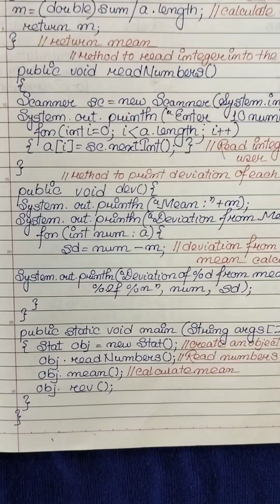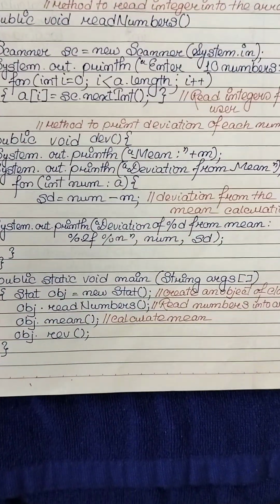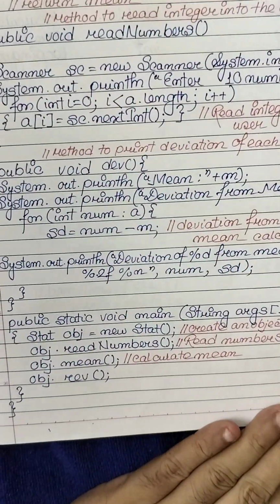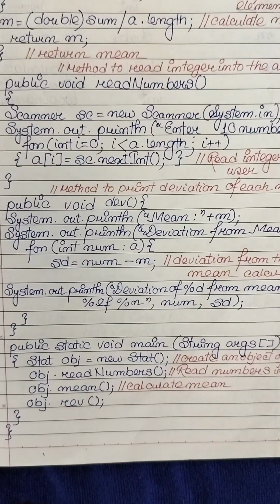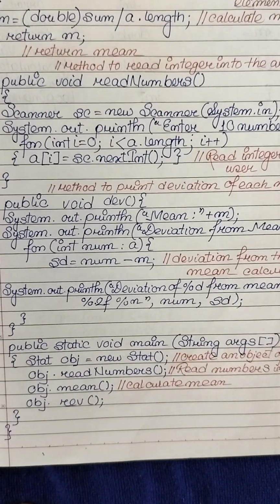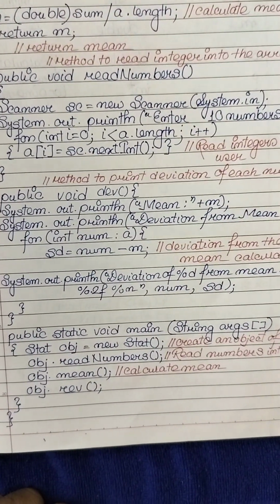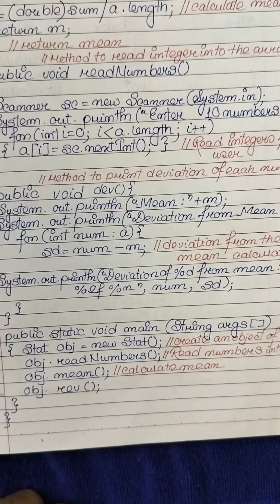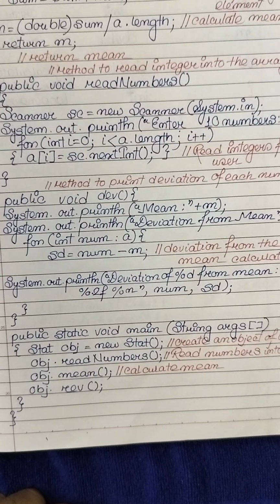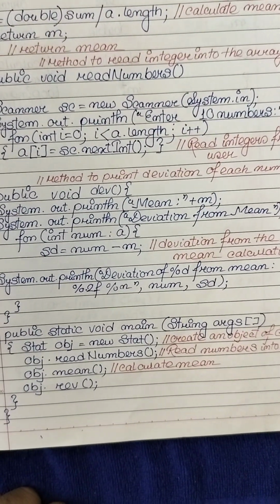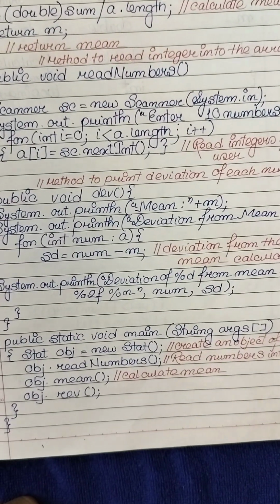Now the method to print the deviation of each number. Public void dev, which we have already declared in the member functions. System.out.println mean plus m, so the mean will be printed first. Then System.out.println deviation from mean.